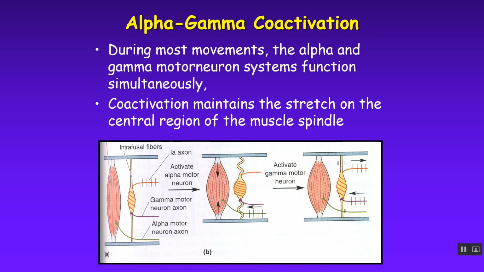So here is a muscle at rest. Typically your muscle spindle will be sending a baseline number of action potentials at a resting length, which gives your body and your brain awareness of the length of that muscle and the tension in that muscle.